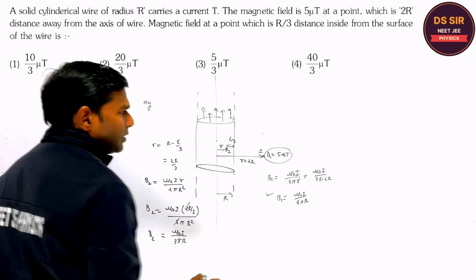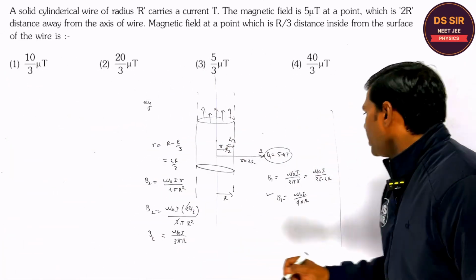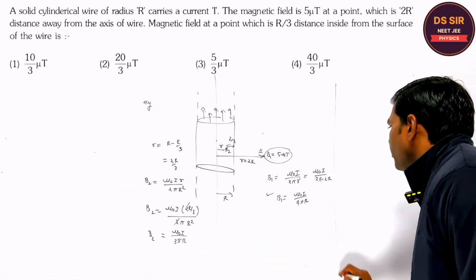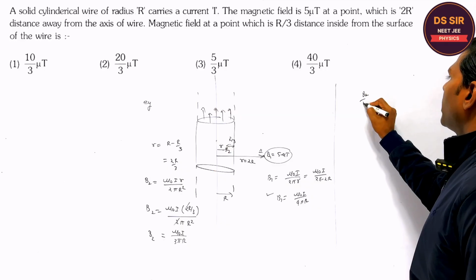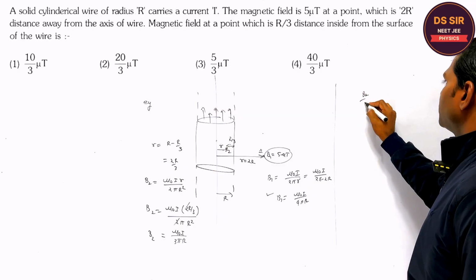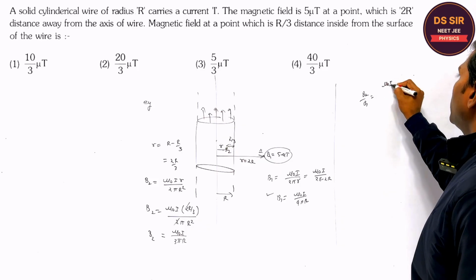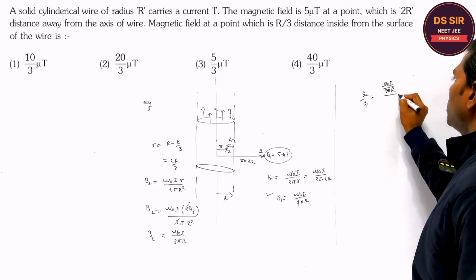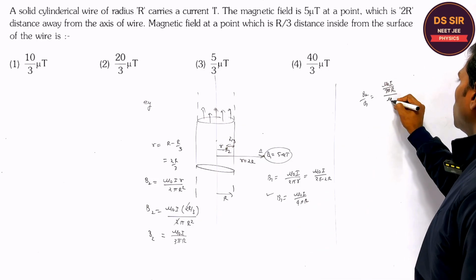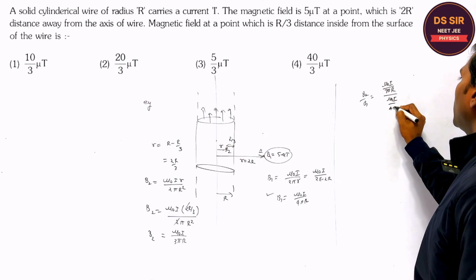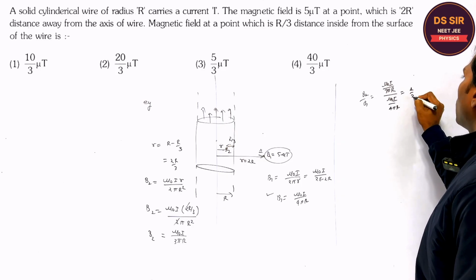So how to do that? Listen, the simple way, divide them. B2 divided by B1. What is B2? It is mu naught I upon 3 pi R. What is B1? Mu naught I upon 4 pi R. So this is equal to 4 by 3.